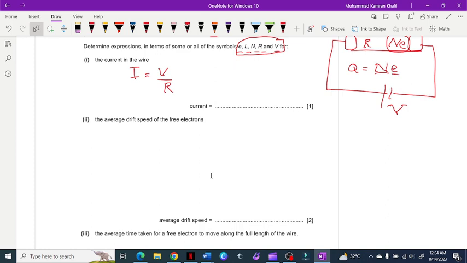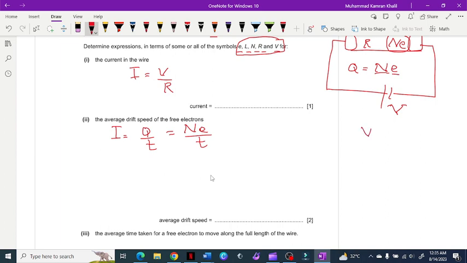First of all, we write down the expression for the current, which we have already written: I equals V over R, but the formula for the current is I equals Q over t. Since Q is equal to N times e, I equals N e over t.